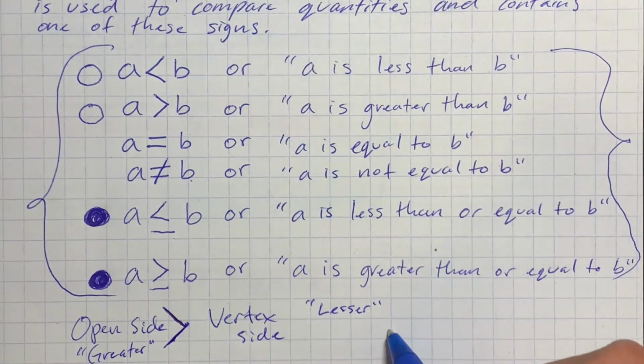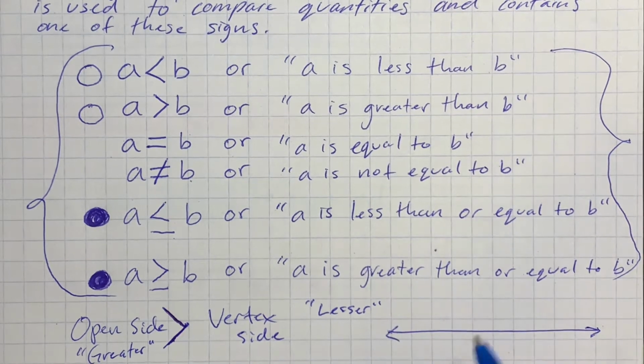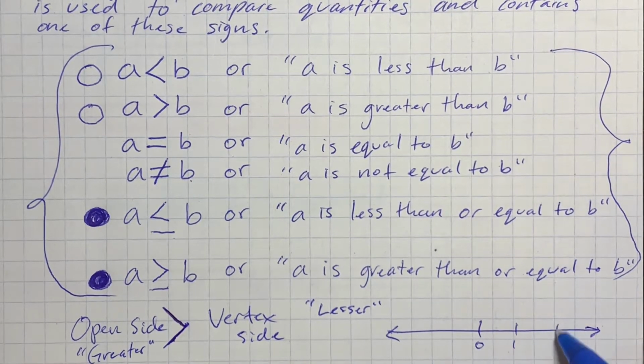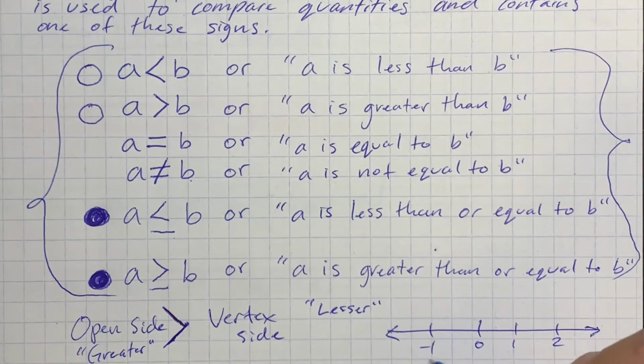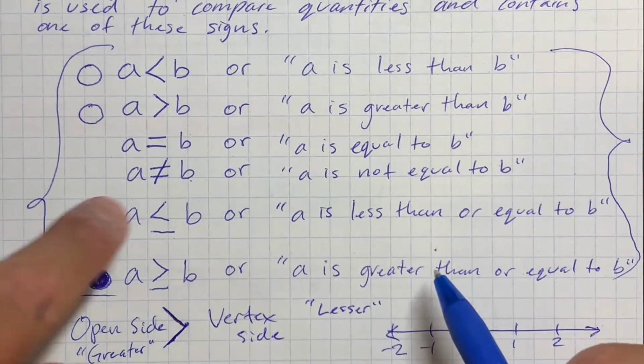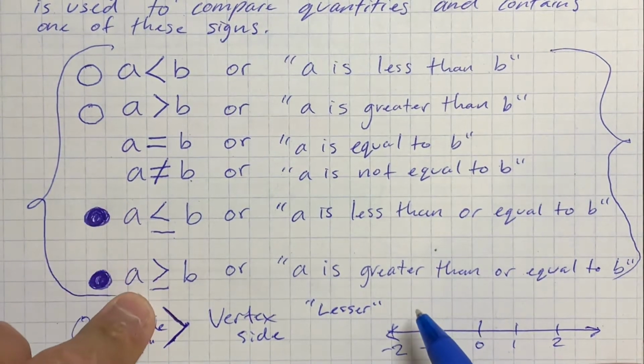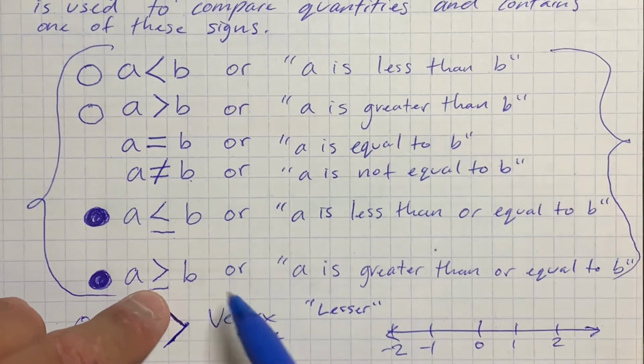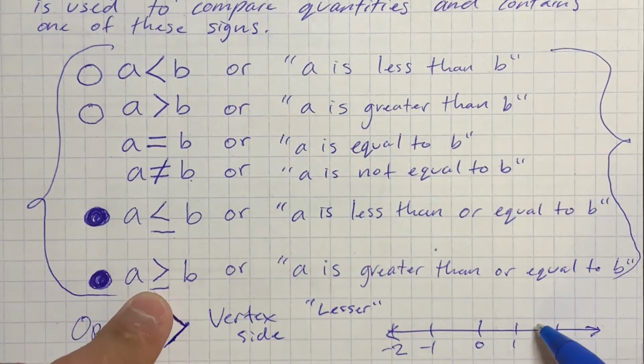When we graph these inequalities, we have 0, 1, 2, and so on, or the opposites, -1, -2, and so on. Let's say, for example, we were graphing A is greater than or equal to B, and we pretend we're going to graph it here.